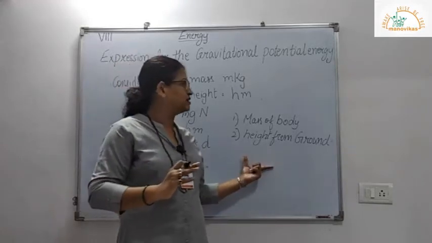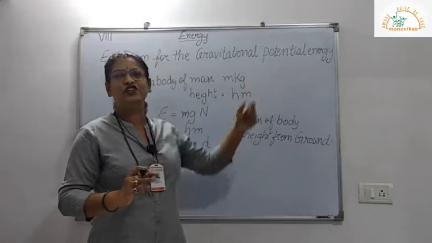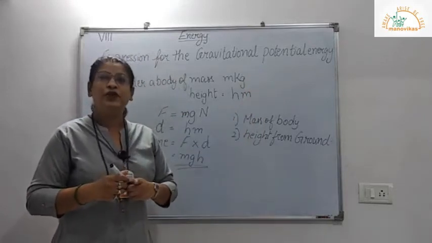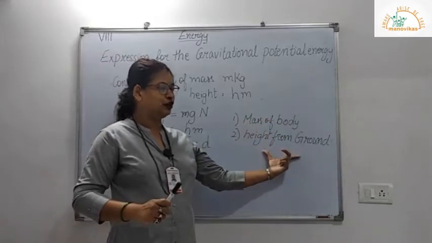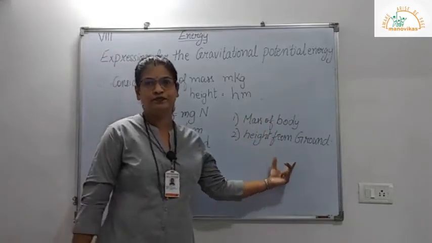So these were the two examples of gravitational potential energy. That is, the potential energy depends on two factors, the mass of the body and the height from the ground.